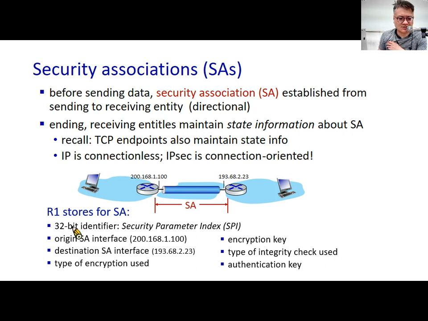You can see that R1 stores the SA, which has a 32-bit identifier, the Security Parameter Index, SPI. The origin interface of the SA is the source IP, 200.168.1.100, and you basically have to enter the IP address of the interface.